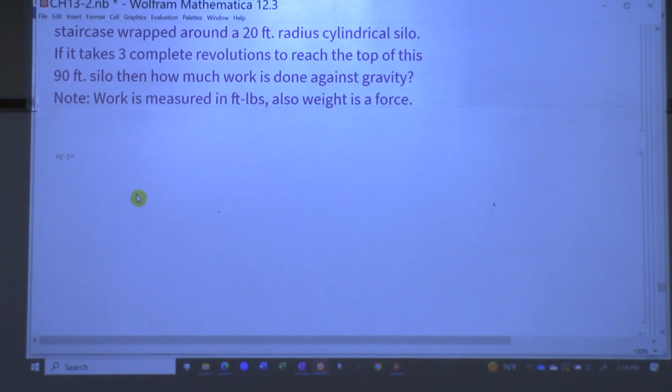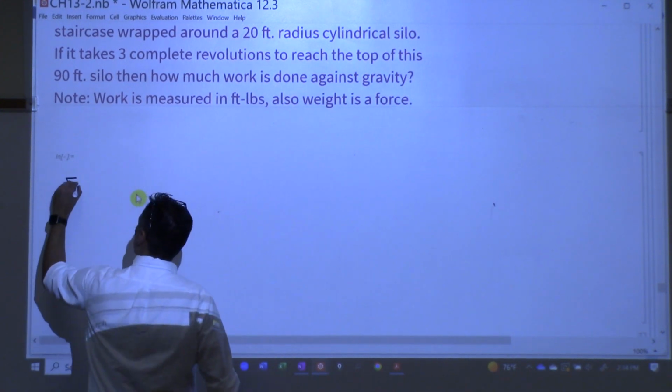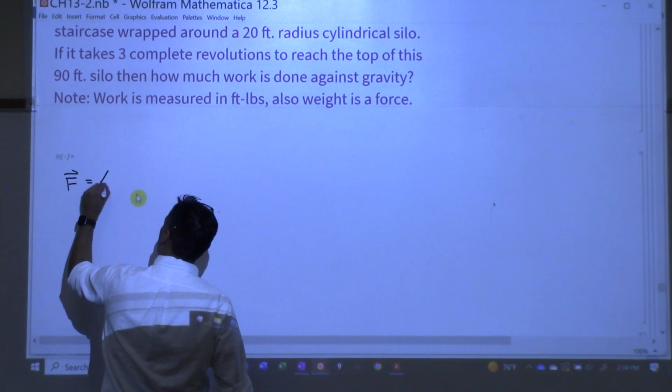So the work he has to do has to counter that. So his force is basically his weight plus his bag. That's our field, and it's pointed upward, all right? That's the only force in play here, an up-down force. So my field is this vector function.